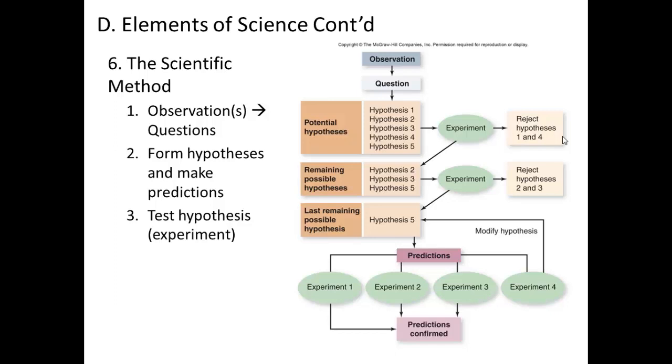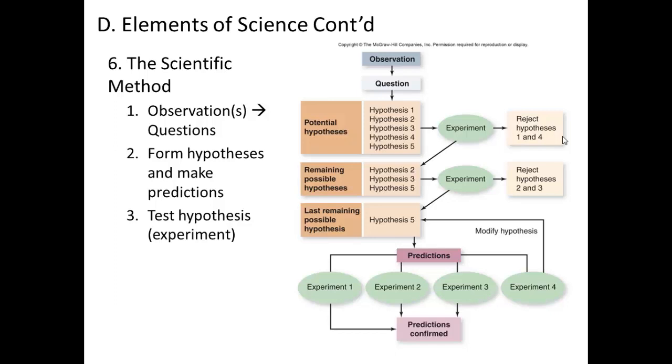Now you may be testing multiple hypotheses at the same time, or you may have multiple experiments to test one hypothesis. But at any rate, it's not as clean cut as just a step-by-step process, but more of a trial and error and continuing process that is the scientific method.